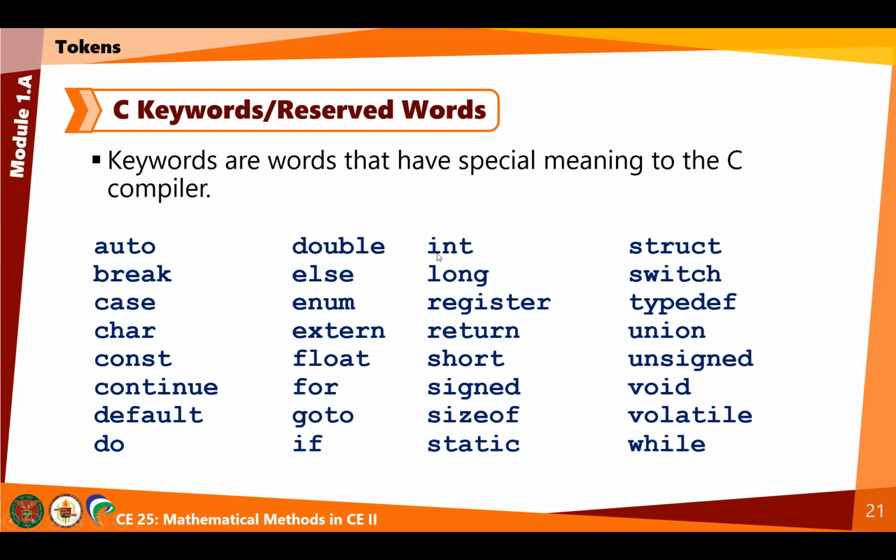Int specifies that your data type is an integer. For example lang, for, hindi nyo rin pwedeng gamitin. Nakita nyo na yung for kanina. For specifies a loop. Char, nakita nyo rin kanina, specifies that the data type is a character. Okay, so yung mga ganitong things lang, just take note.